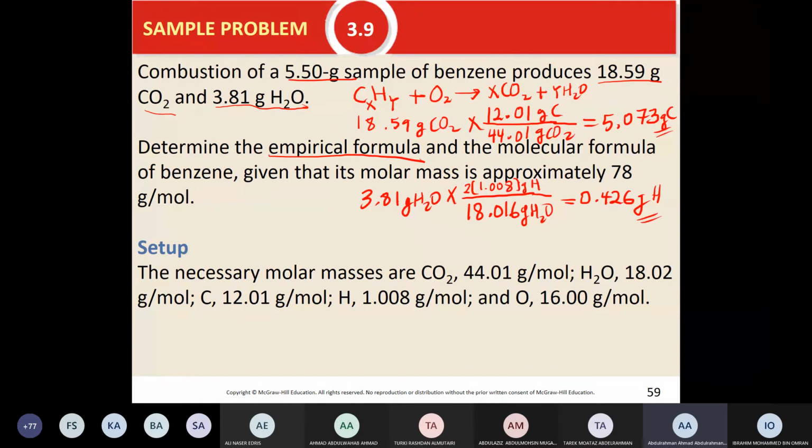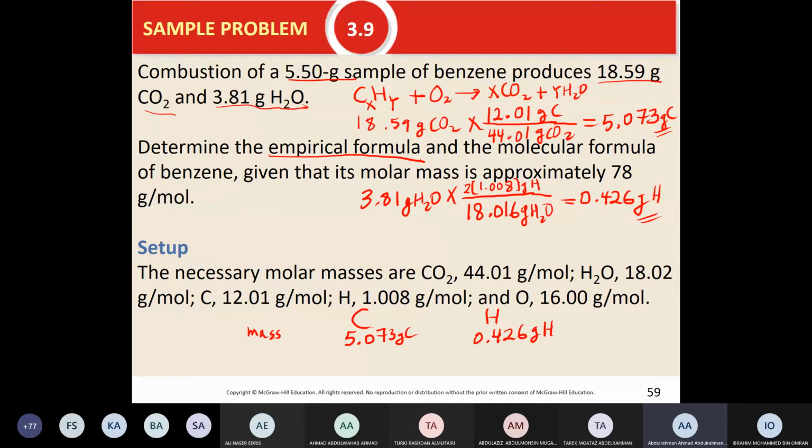If I have carbon and hydrogen and I want to determine the empirical formula, what's the first step you're going to do? You put here mass. What should I write under carbon? Mole. 5.67 carbon, and here 0.426 gram hydrogen.